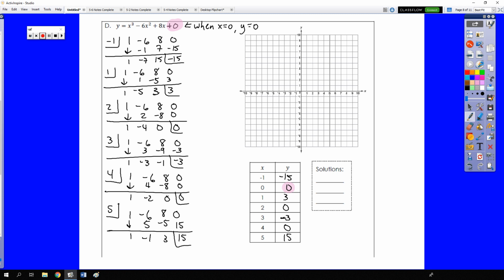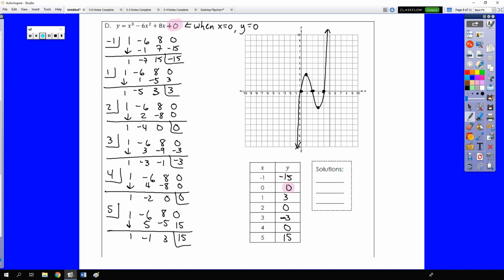Graph what points we have, which are 0, 0, 1, 3, 2, 0, 3, negative 3, 4, 0. We're coming in from the bottom at negative 1, we're at negative 15, so we're coming in, passing through those points, and exiting off the top before we get to 5.